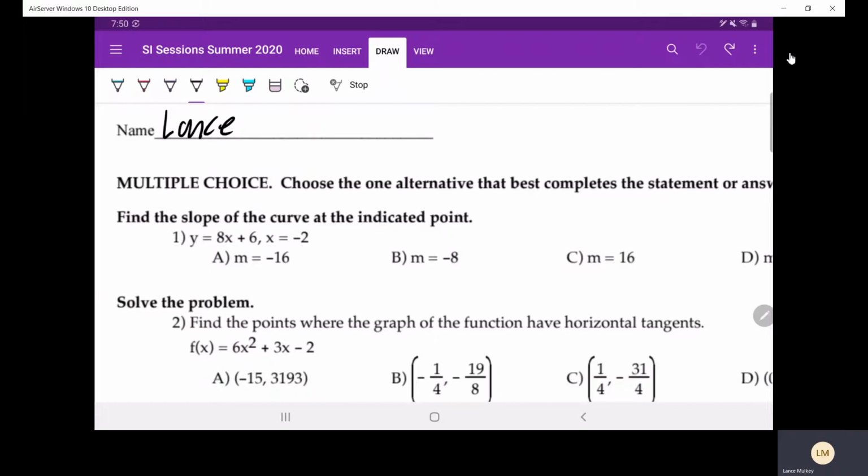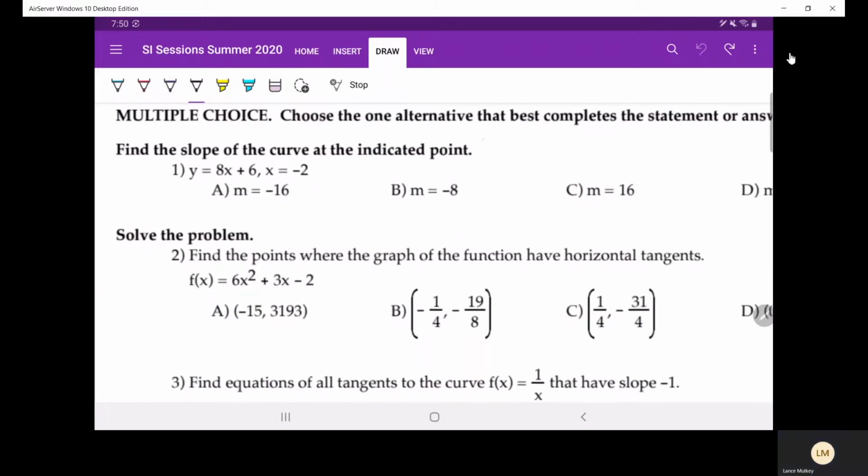So you can calculate this either with the definition of a derivative, which is the limit as h approaches 0 of f of x plus h minus f of x all over h, or you have new derivative rules. And the best derivative rule for finding this: you have y equals 8x to the 1 plus 6.